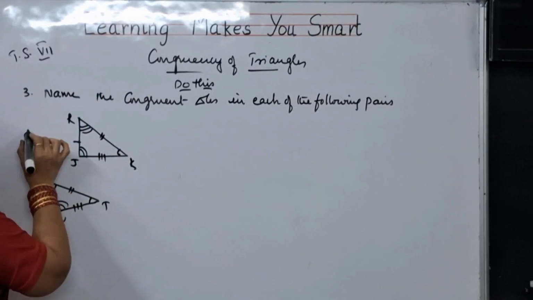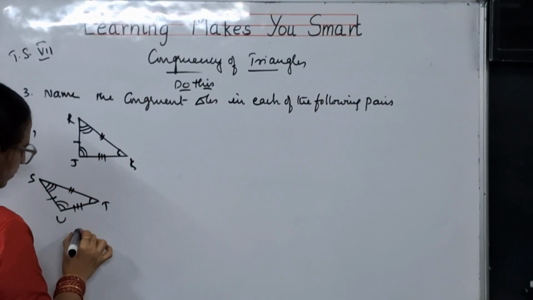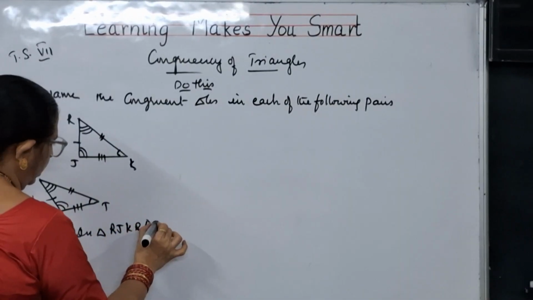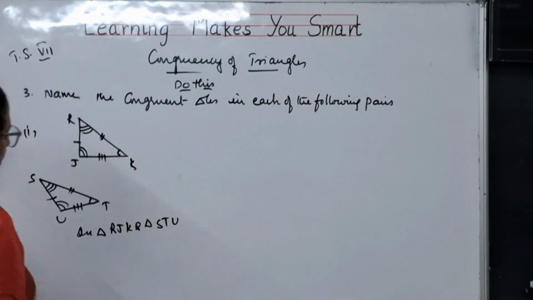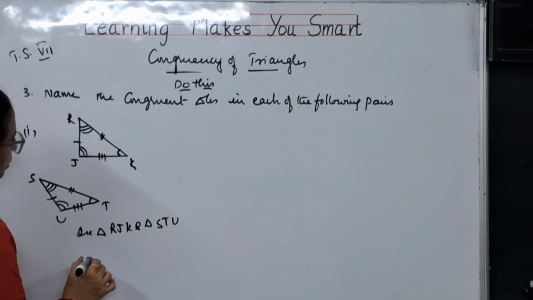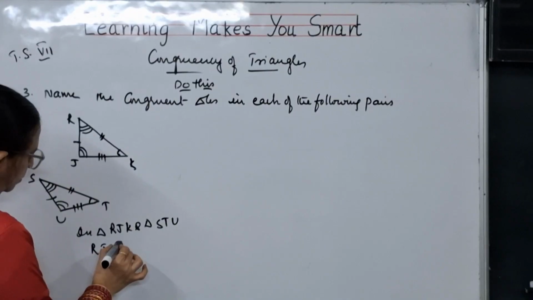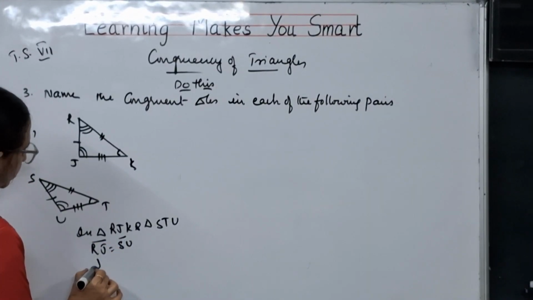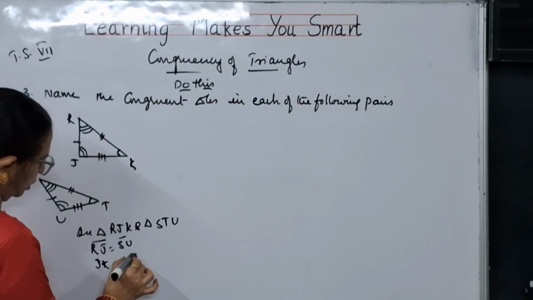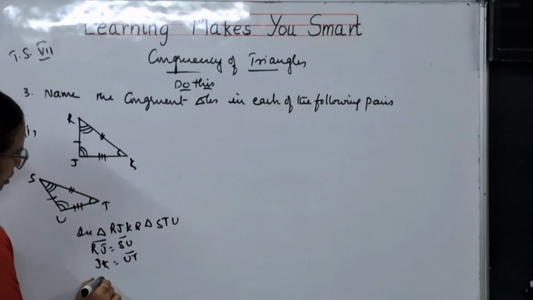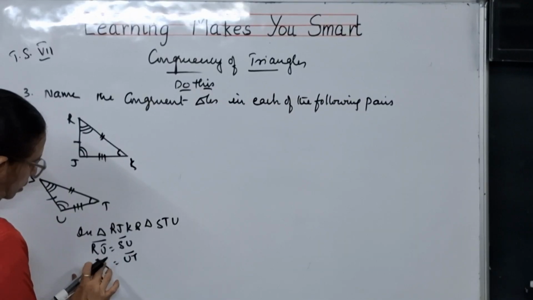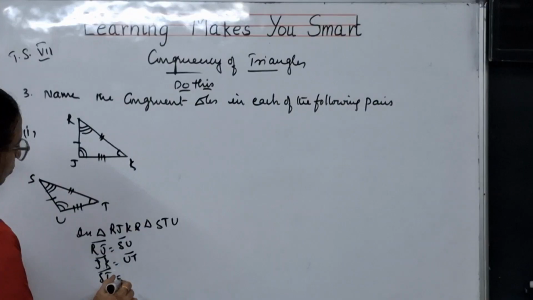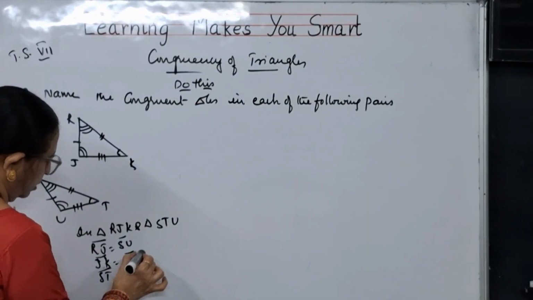Now this is the first bit. In triangle RJK and triangle STU, in these two, what you can say, RJ is equal to SU, JK is equal to UT, and ST is equal to RK.